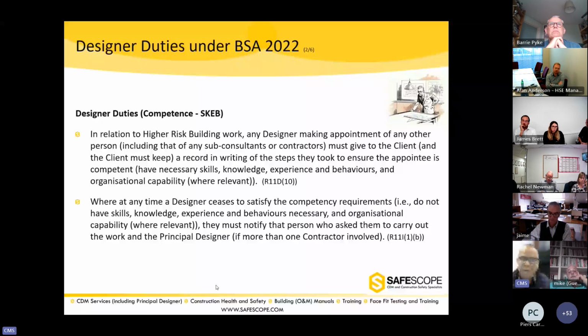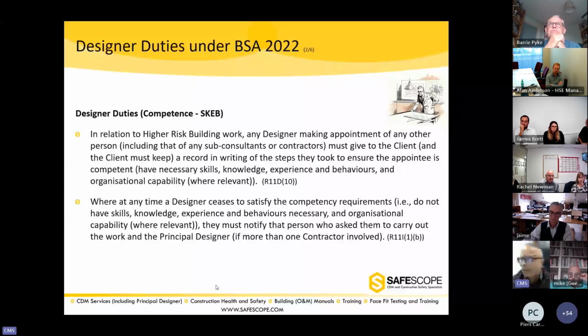That's a new requirement that we haven't seen in CDM regulations, is that they have to constantly keep a tab on their competency, to say if they get to a point where they think that they are not competent, or the work gets to a point where they realize it's just too much, they must tell the person who appointed them.